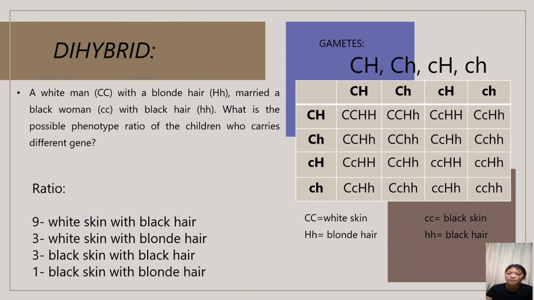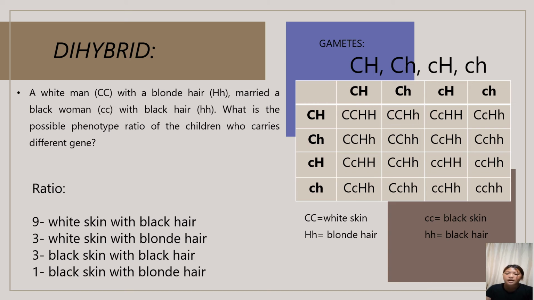Next is dihybrid. A white man with blonde hair married a black woman with black hair. What is the possible phenotype ratio of the children who carry different genes? The dominant trait is white skin, which is double capital C, and the recessive here is the black skin, which is double small c.